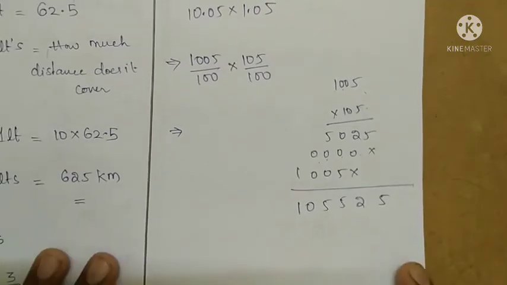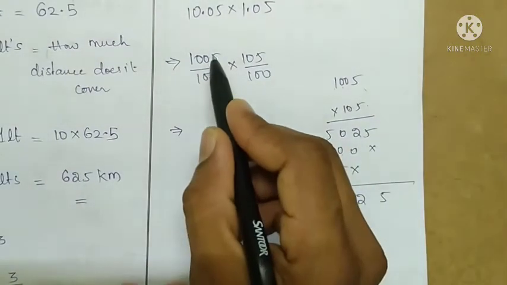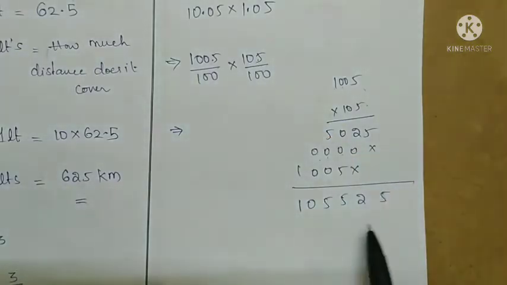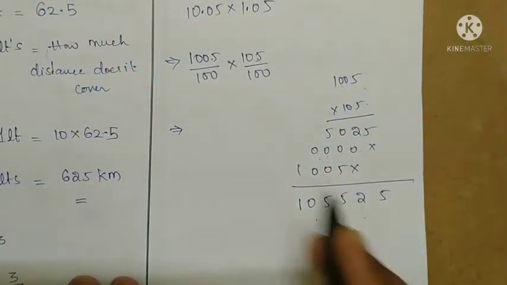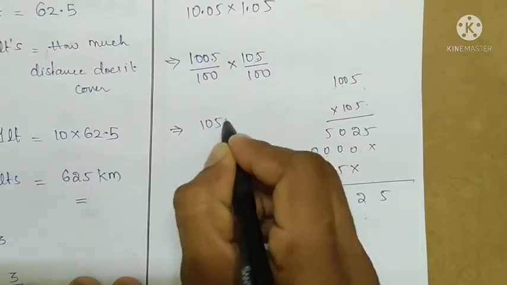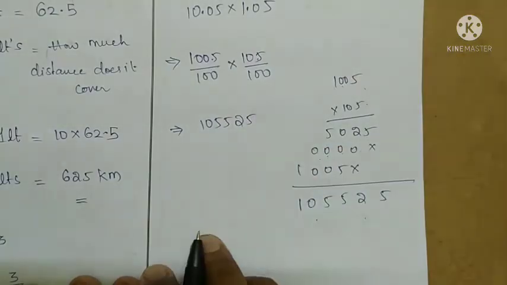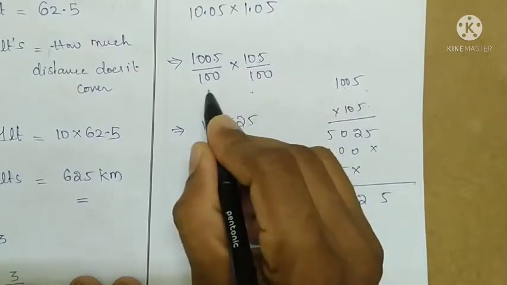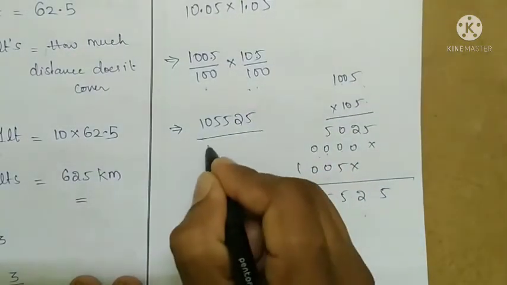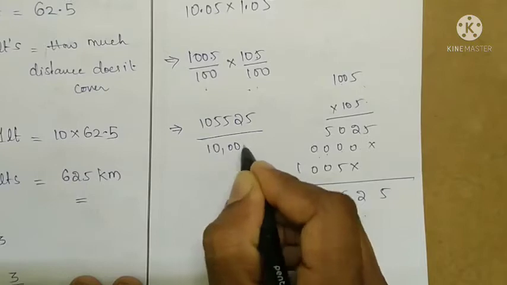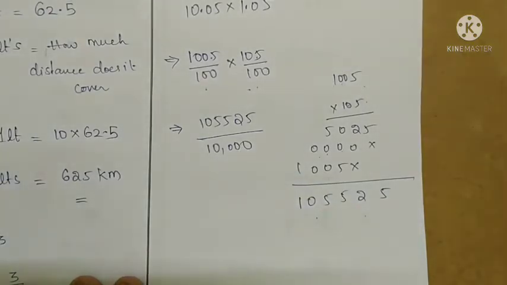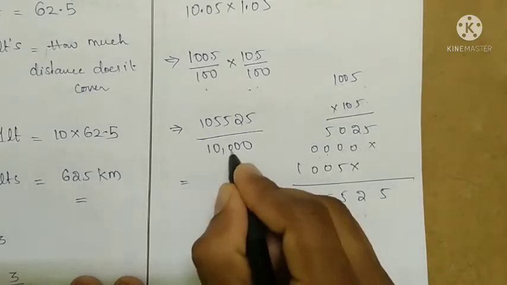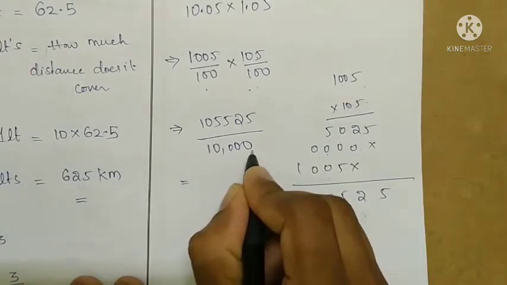Okay, so that is equals to multiplication of numerators with numerator. Result is 105525. So denominator multiplication, denominators with denominator, 100 hundreds are 10,000, right? So that is equals to, here how many zeros are there? 1 2 3 4.